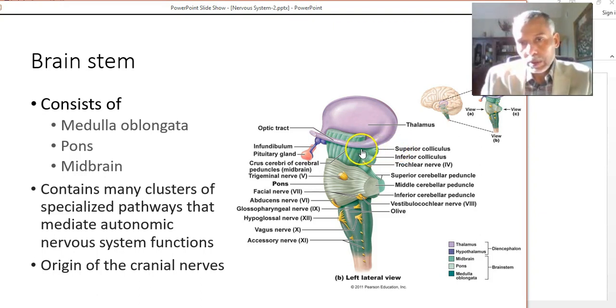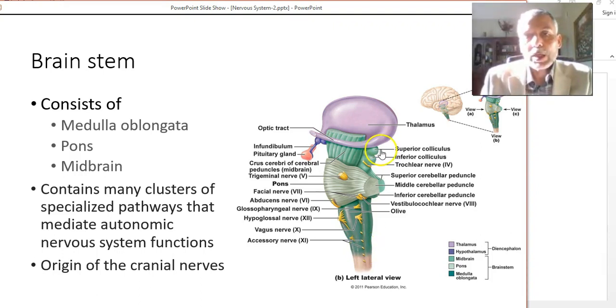That is because this area is specialized in movement of the eyes and control of the eyes. And then as you keep going down, the different nerves will branch out, to the very end with the nerve that controls the tongue, the hypoglossal nerve.